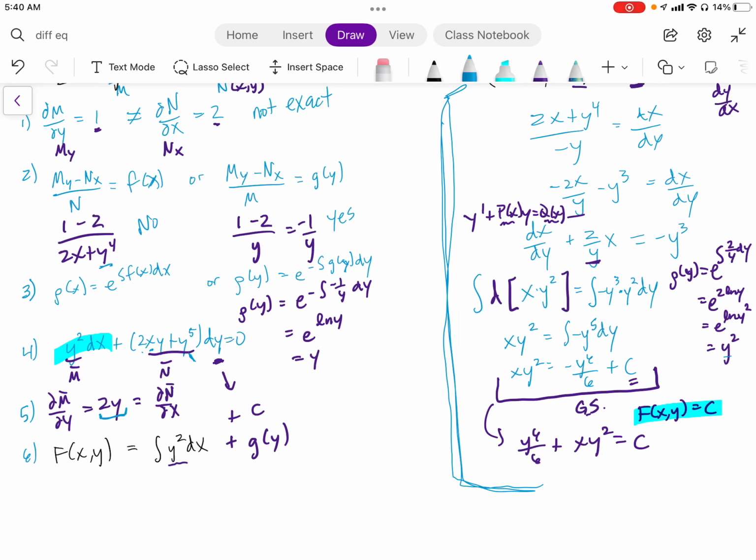All right, so let's go ahead and go back to the blue, I guess. Now again, we're integrating with respect to x, dx. So this becomes xy squared plus our function of y. Okay, step 7 now.